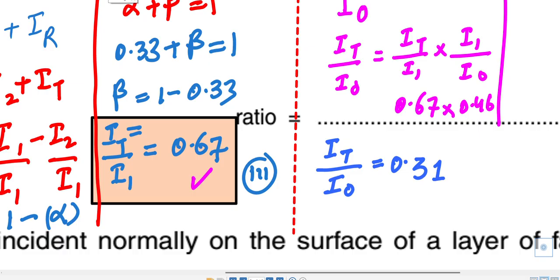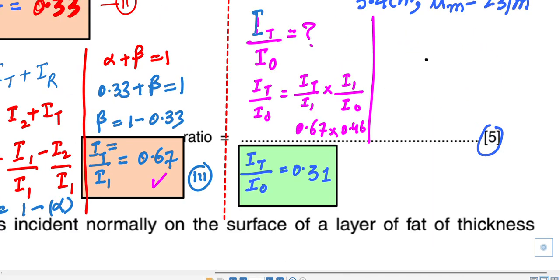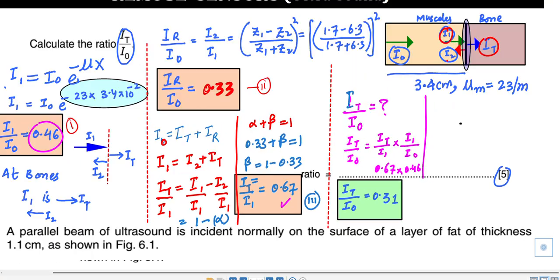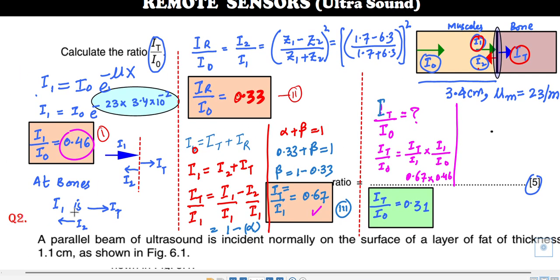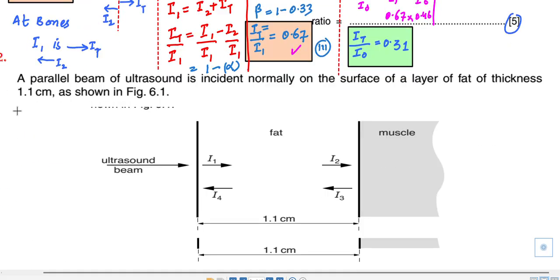So this is basically the final solution after all this discussion, that this means ultrasound. Got it? Is it clear to everyone? Yes, sir. Okay.